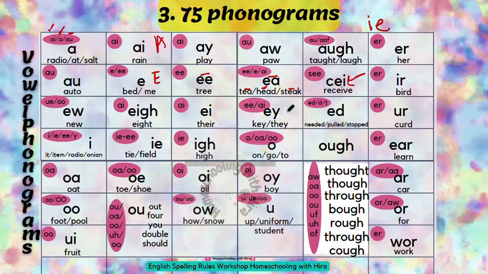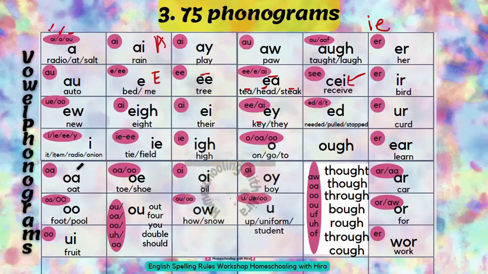Then we have EY saying the E sound as in key and the A sound as in they. We have ED, which may say the ed sound, the d sound, and the t sound. We have rules of pronunciation for this phonogram as well, but listen to the pronunciation: needed, pulled, and stopped. This D is saying the T sound.